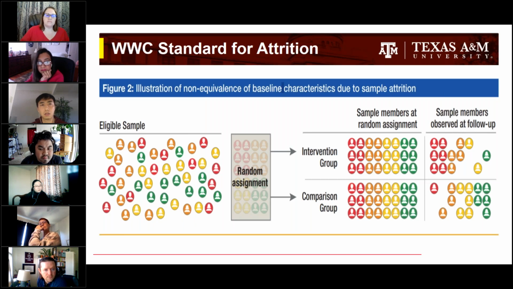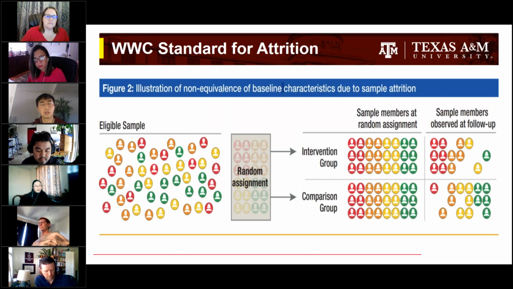For example, you have 100 students and 10 or 20 of them were identified as special ed, and you know your intervention has a component targeting special ed students.